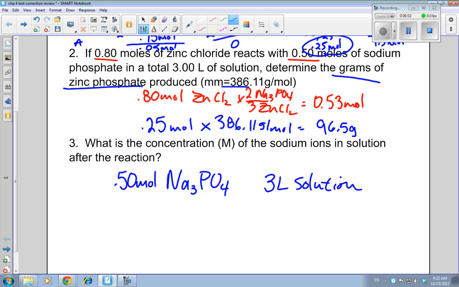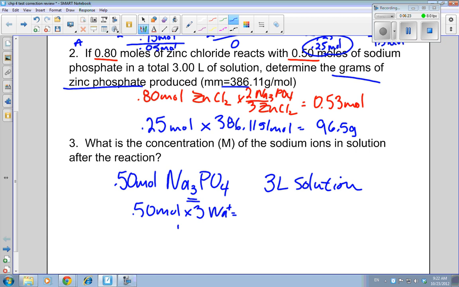So if I work this out, how many moles of sodium are there? Well, we have to take into account that 3, because for every 1 mole of Na3PO4, I have 3 sodiums. So I'm just going to say 0.5 moles times 3 moles of my sodium ions.